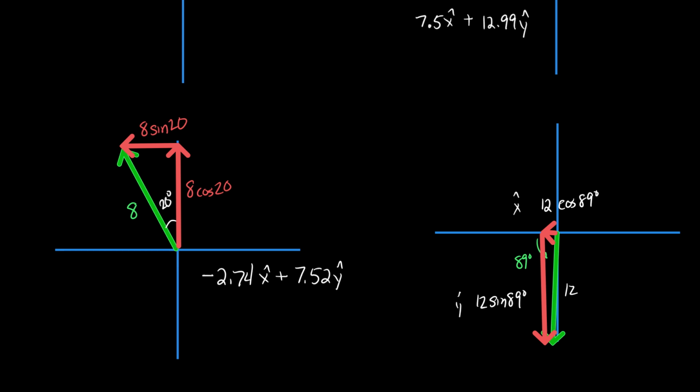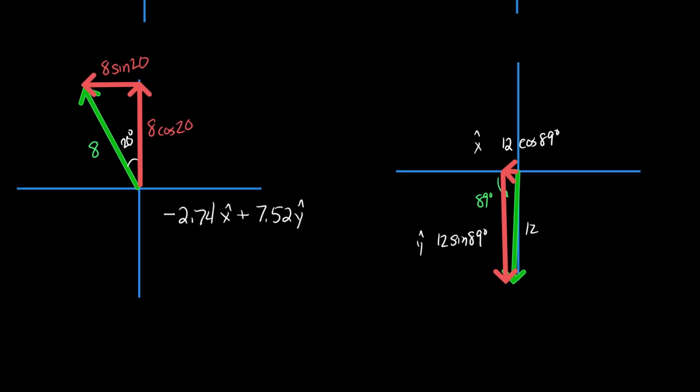That'll be in the y hat direction. Both of these need to be made negative. So 12 times the cosine of 89 degrees is negative 0.209 x hat. 12 sine 89 degrees, minus 11.998 y hat.